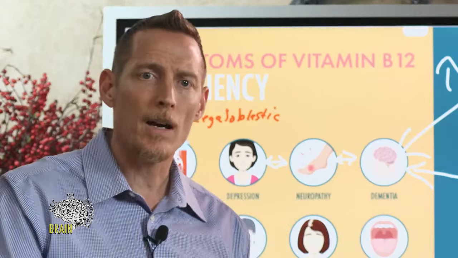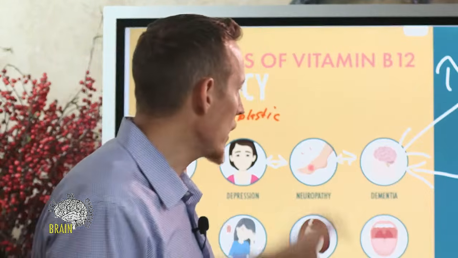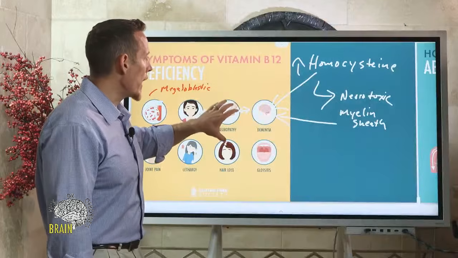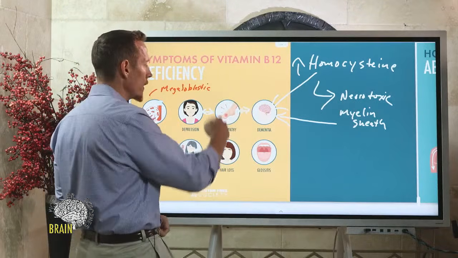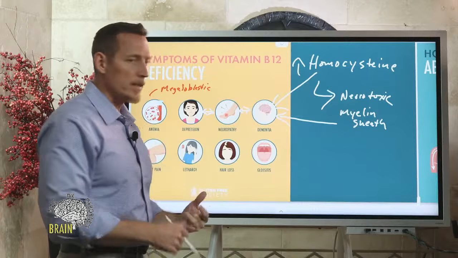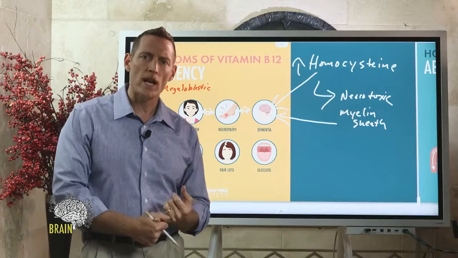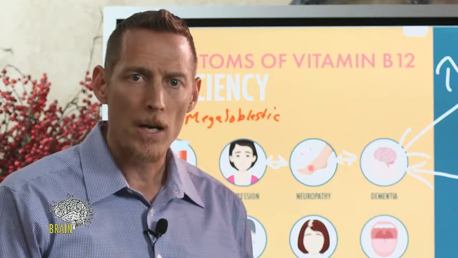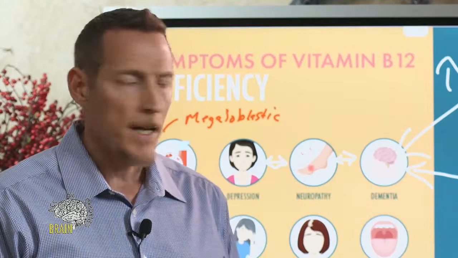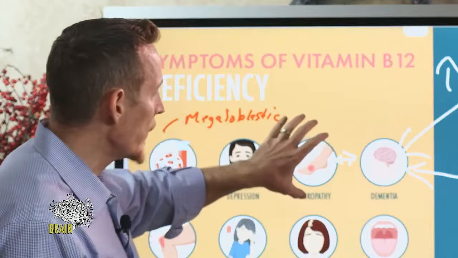There are all different types of nerve impingement syndromes that can cause neuropathy. But in my experience, it's very, very common for B12 deficiency to be overlooked. And so if you've got numbness, tingling, temperature sensation changes in your hands, feet, your periphery, and you don't know why, and there was no trauma, you never injured your back or neck, think vitamin B12.